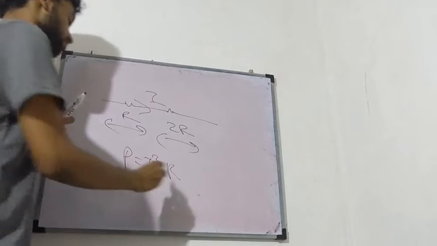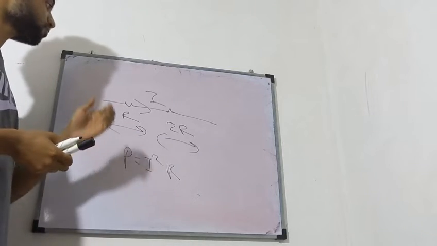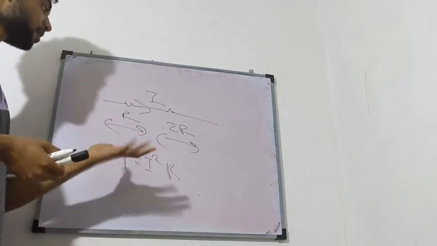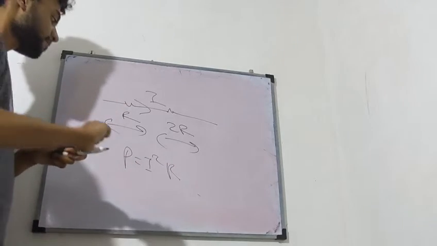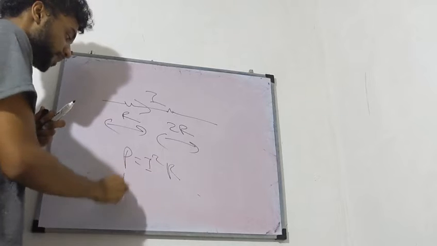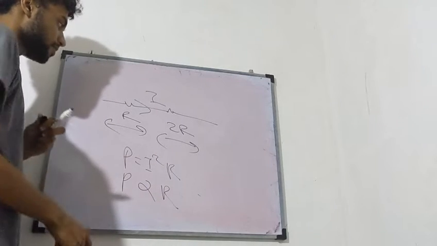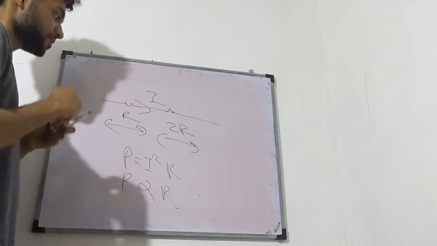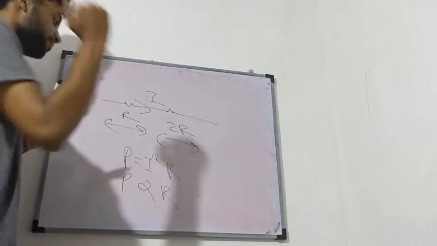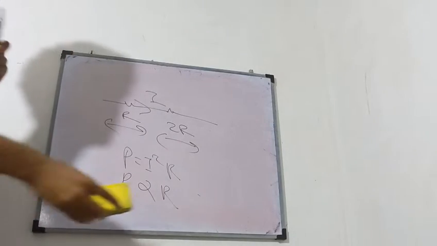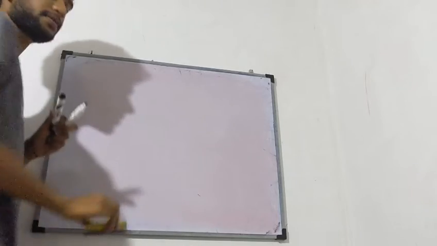I squared R. So can we say that when I double the resistance, the power dissipated across that resistance doubles, because I is the same across them, therefore power is proportional to what? Resistance. If I double the resistance, the power dissipated across that resistance doubles. So double. It's clear.